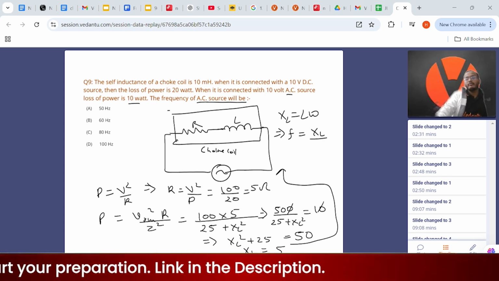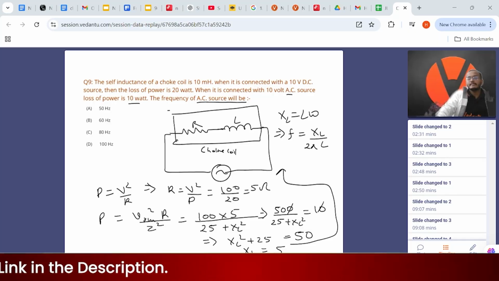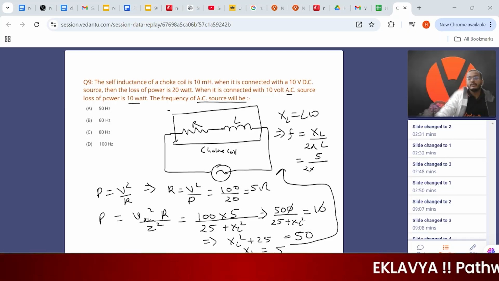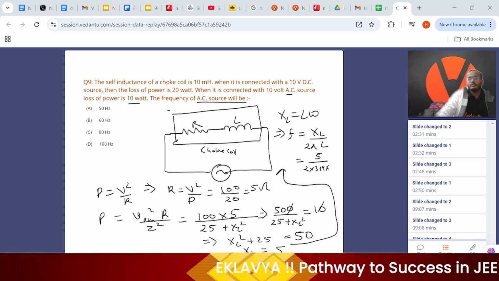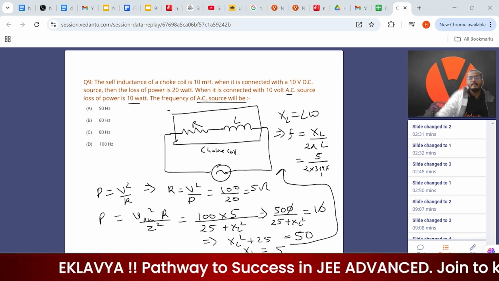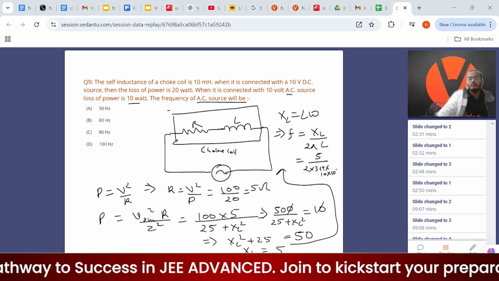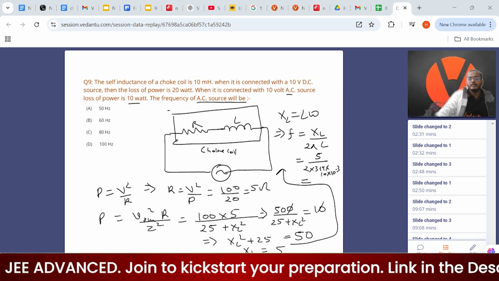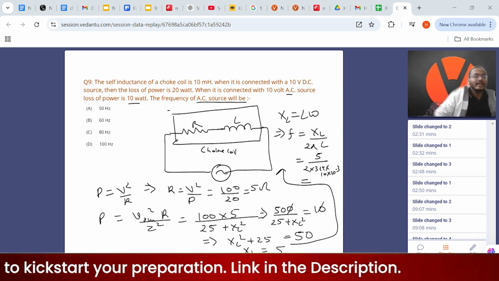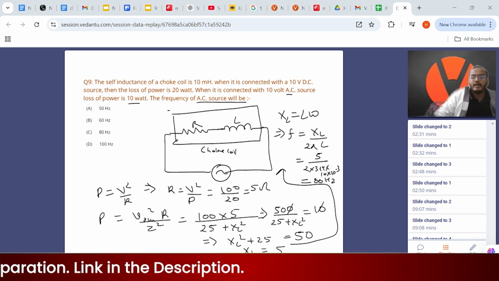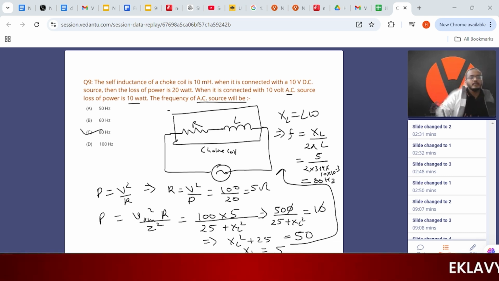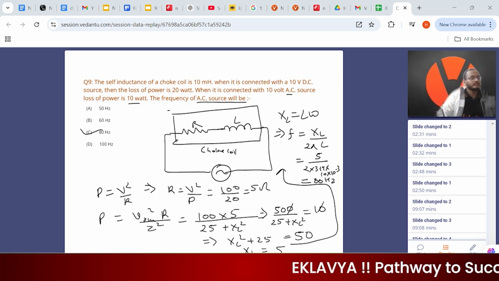So from here, frequency will be equal to XL upon 2πL. XL value is 5, 2 into 3.14, and the inductor's value is 10 into 10 raised to the power minus 3. So after calculating this, you will get a value of around 80 hertz. Hence option number C is correct.